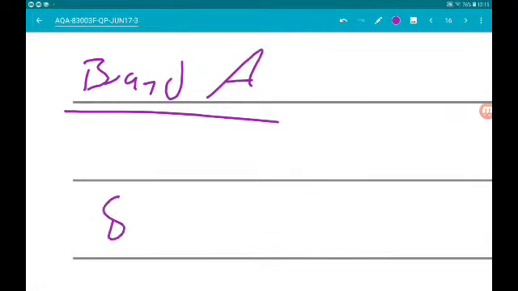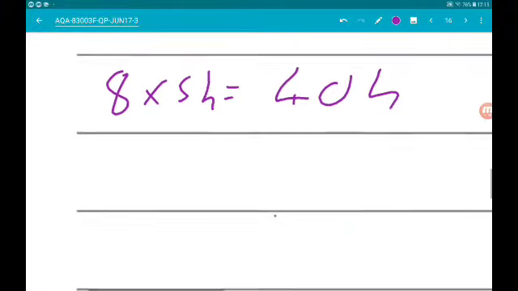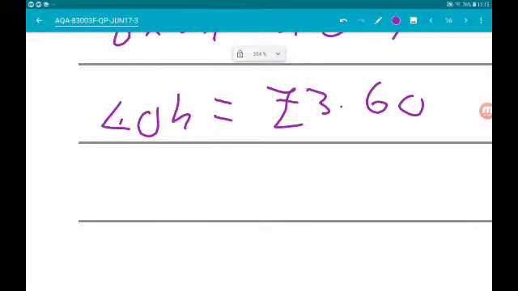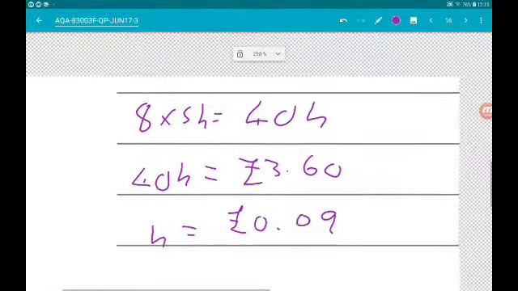So 8 times 5 hours is 40 hours. And that means then 40 hours of power cost us £3.60. So we can work out what 1 hour of power costs by dividing by 40. £3.60 divided by 40 is going to give us 0.099p for 1 hour of power.